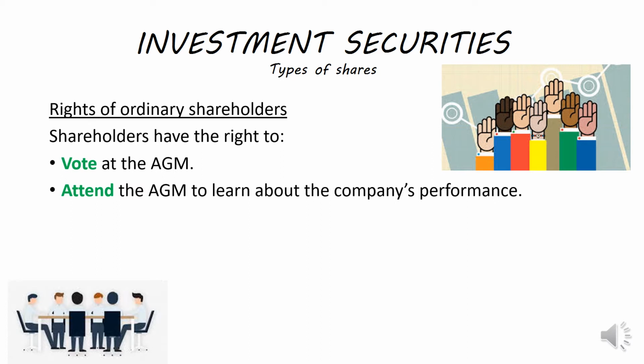All the shareholders must be given a copy of the financial statements, the income statement, the balance sheet, and then the financial performance and the financial health of the business will be discussed at this AGM. So the ordinary shareholders, as part owners of this company, obviously have a right to know what is happening with the finances of this business.